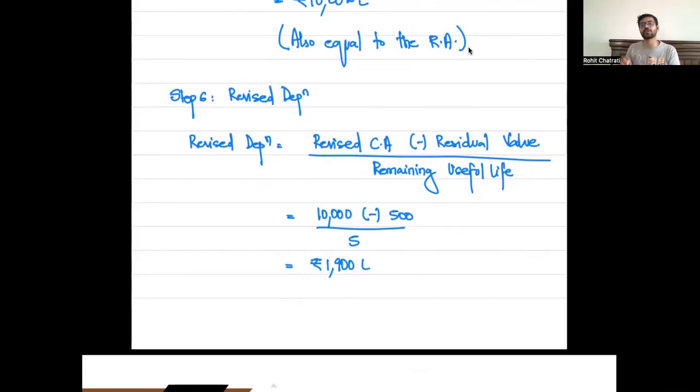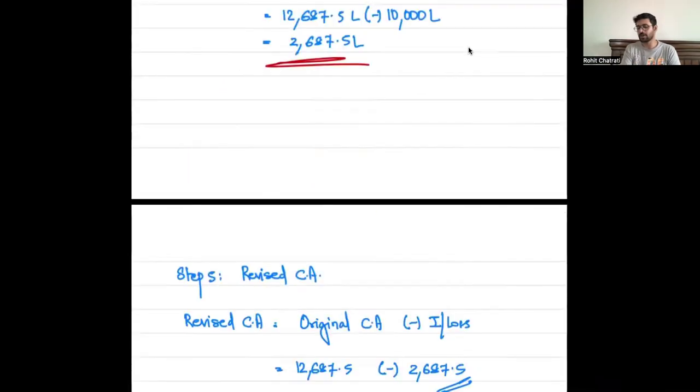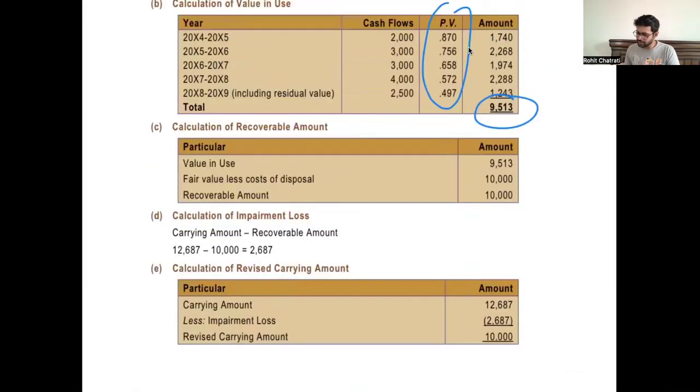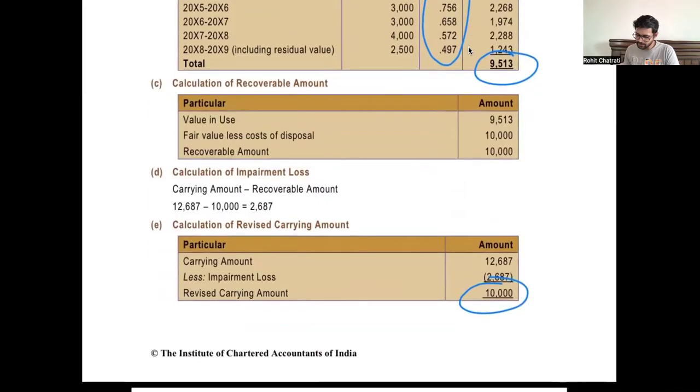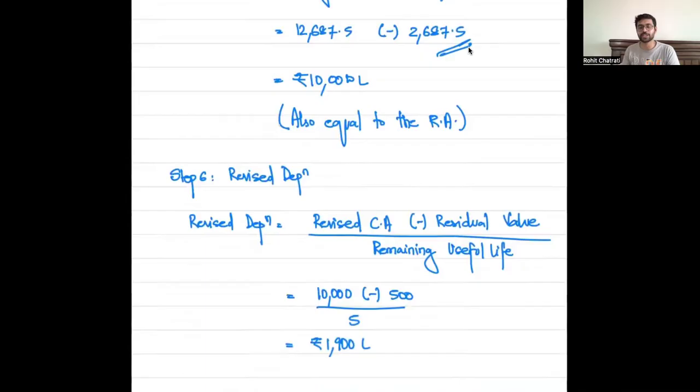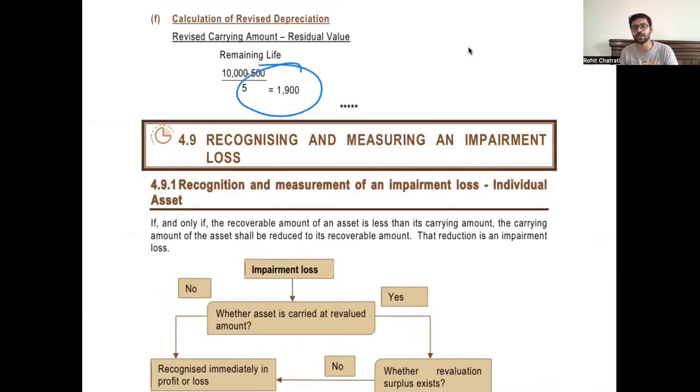The remaining useful life was 5 years because 3 years we already used the asset. So that was illustration 3. The revised carrying amount is 10,000 lakhs, and the revised depreciation is equal to rupees 1,900 lakhs.